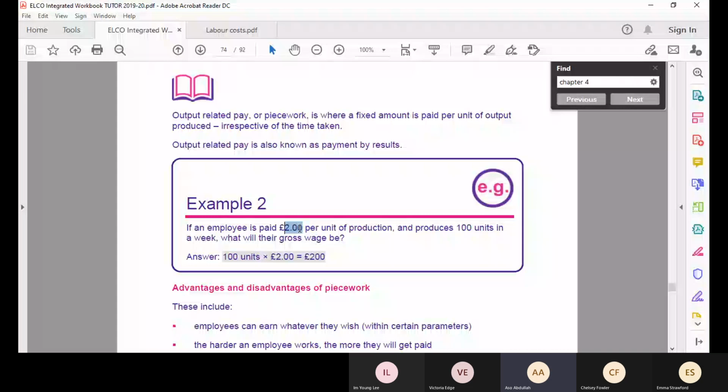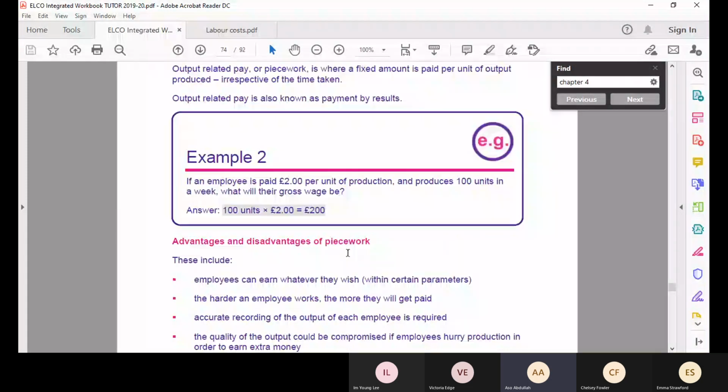And they produce 100 units in a week. The question says, what will be their gross wages? It is very simple. 2 times 100 is 200 pounds. Okay, this is the simple way. Let's make it more complicated.